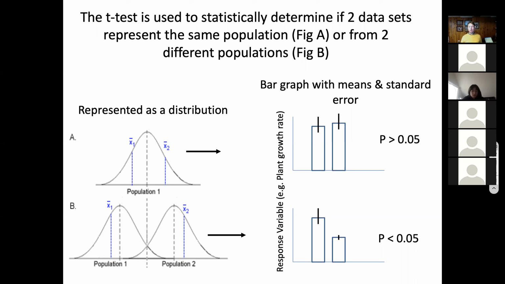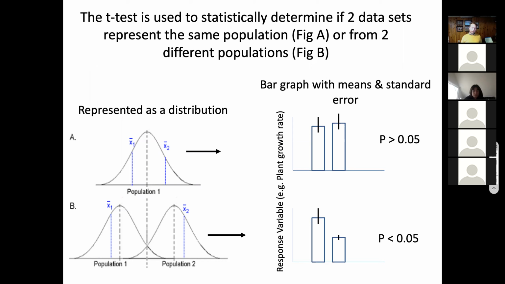Okay, so the basic idea here is that we're going to look at a few different populations or samples of different plant species or biological species, look at their isotope compositions and compare them.